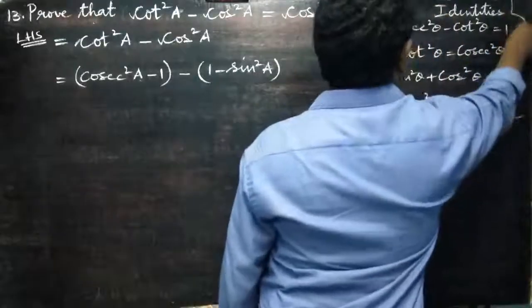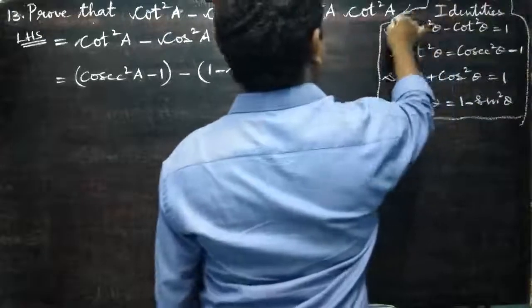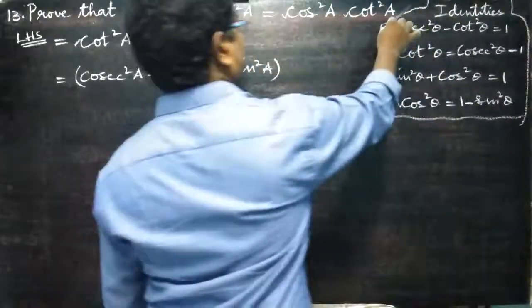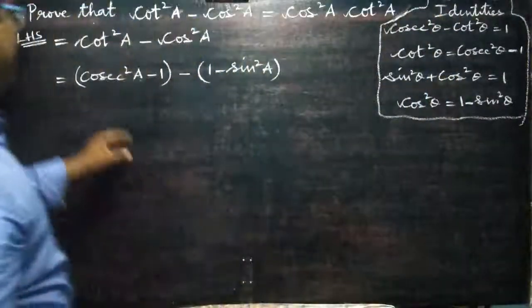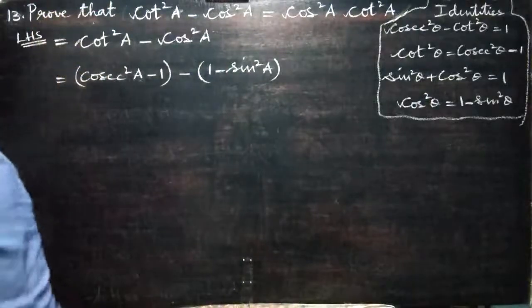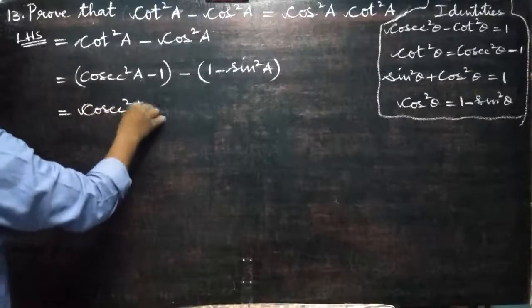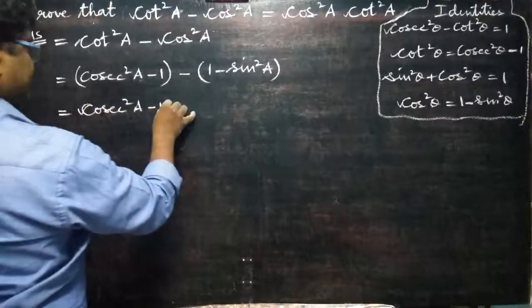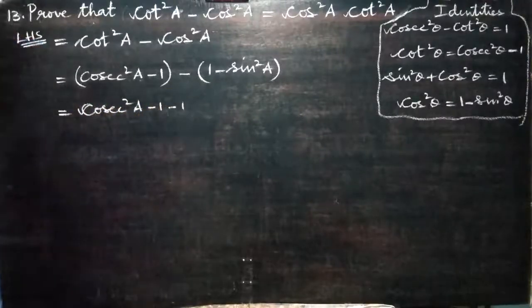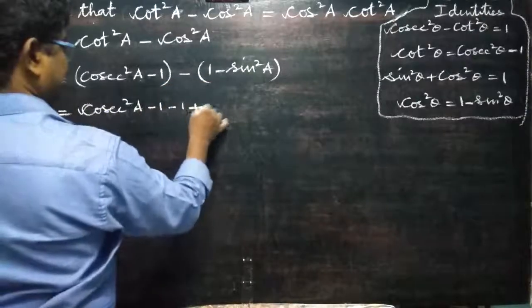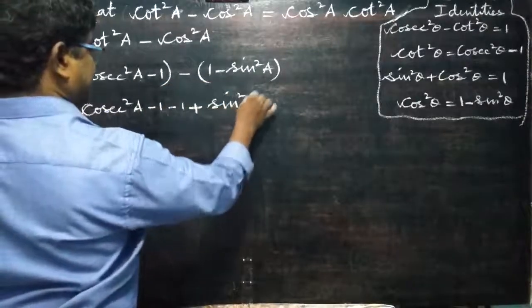These are the trigonometrical identities we are taking. So now understood? That is equal to cosecant square A minus 1. Send minus, plus into minus, minus 1. Minus into minus, plus sin square A.